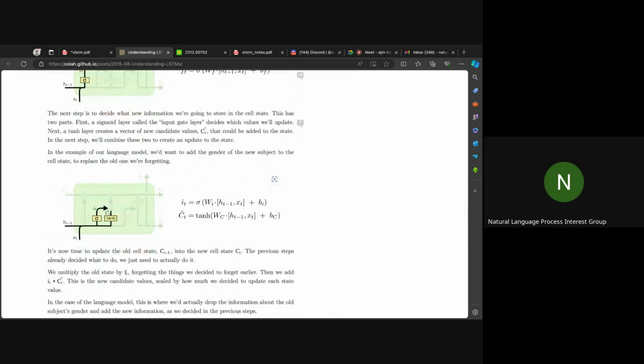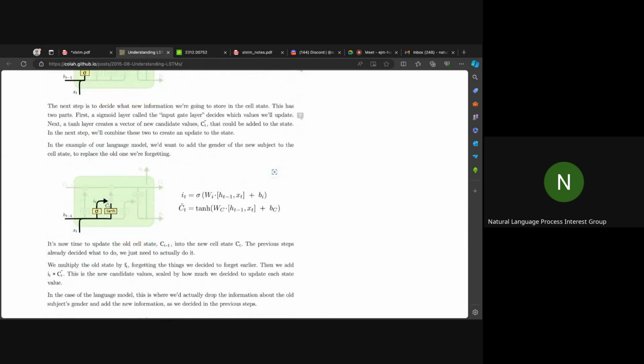The second major operation that happens inside an LSTM architecture is the update step, updating the cell state. Since we are forgetting some things from our cell state, we also have to add some new information to this cell state based on the input that we have. This is a two-part operation.